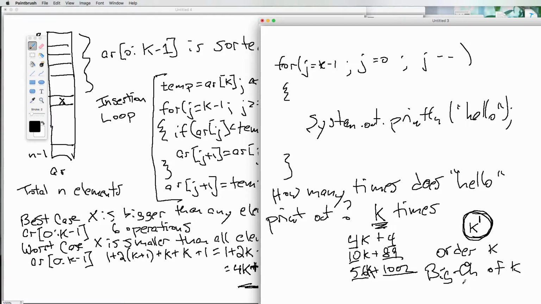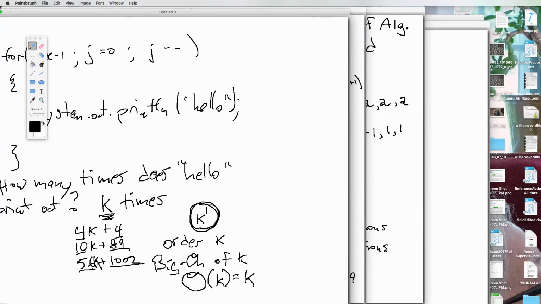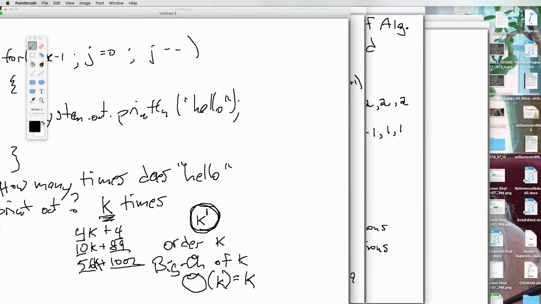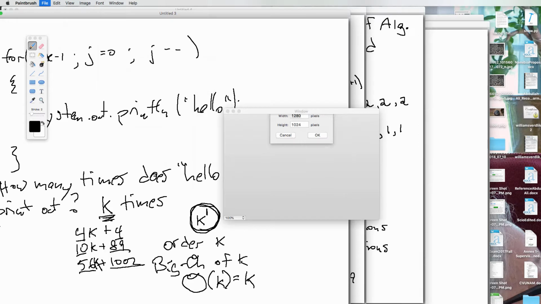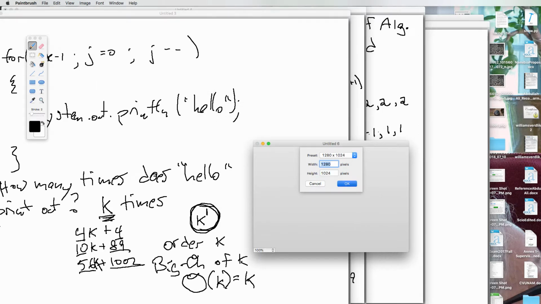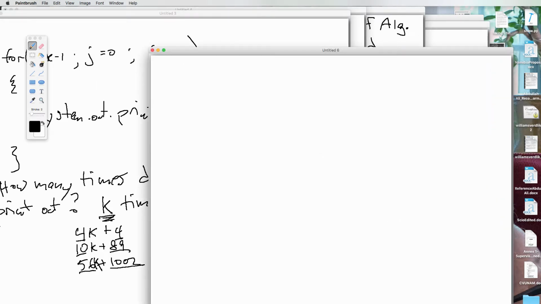Or people will write it this way, a big script O like that, and they'll say big O of k is equal to k. So here's the important takeaway from all of this.